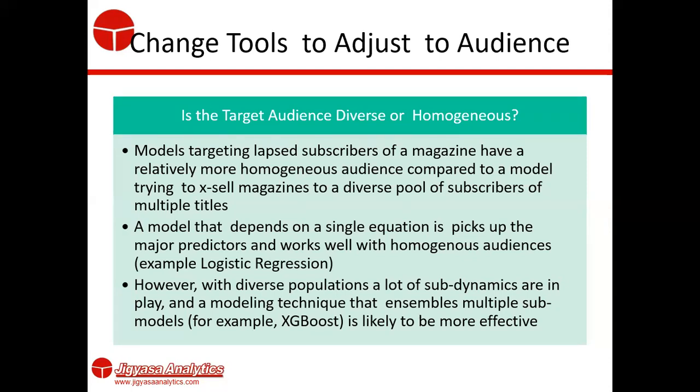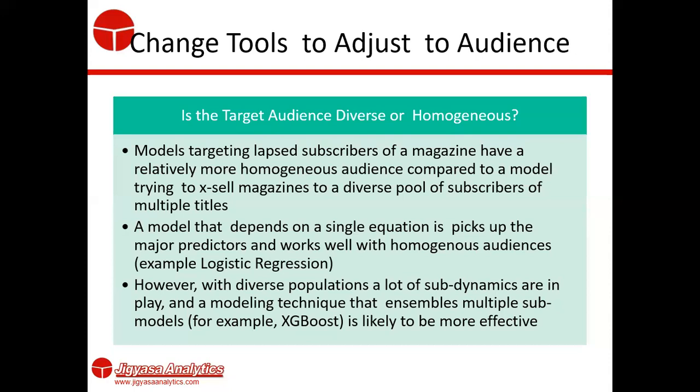Like I said in that example, there could be people interested in cars, people interested in health, people interested in food, all in your pool, and that makes it a lot more diverse. And the dynamics of identifying who is likely to buy from there might be different.